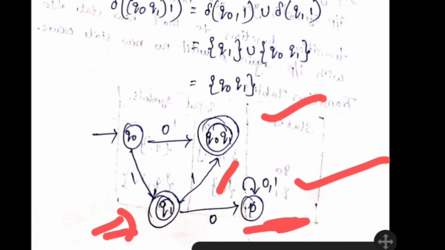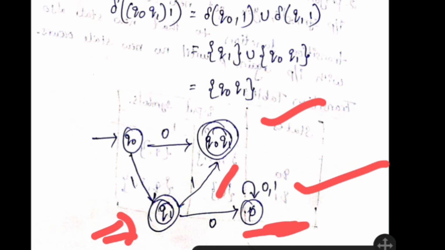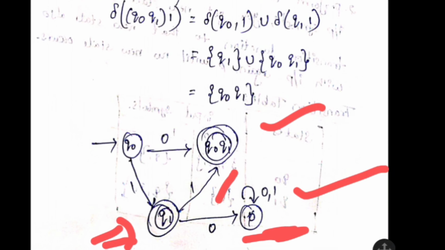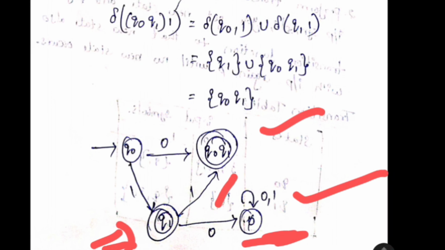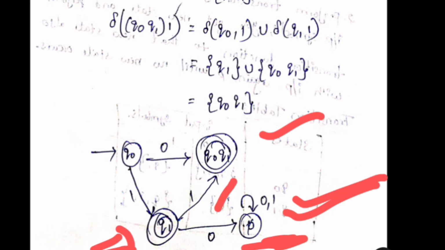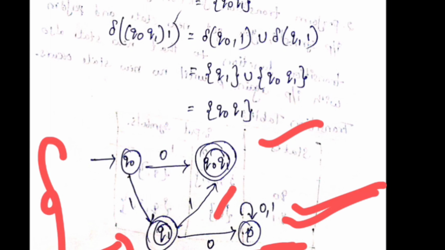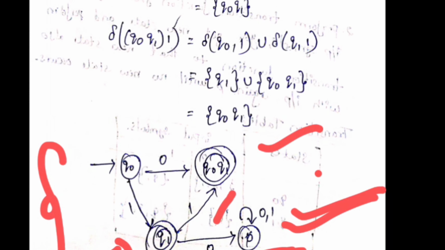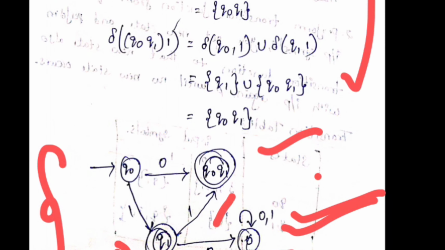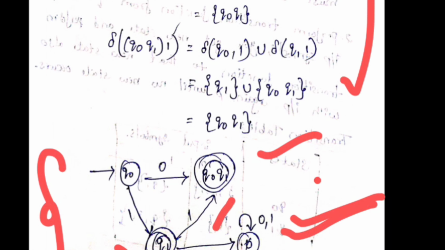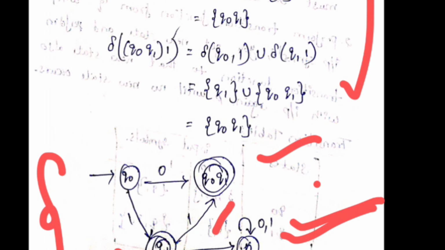Here we will take a self loop 0 for the phi state, and with 1 it is also a self loop moving towards the same state. Okay, so this is our transition diagram for this transition function, and this is the conversion of NFA to DFA.